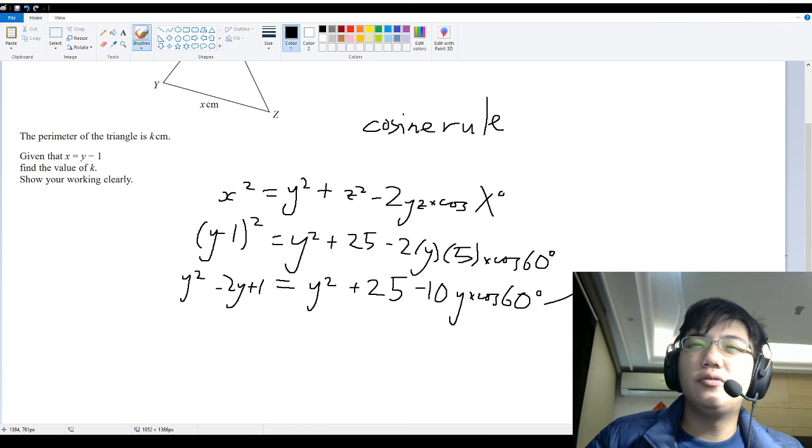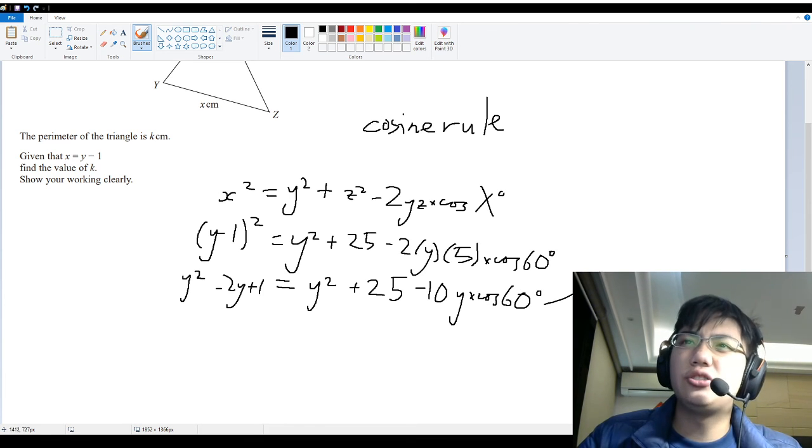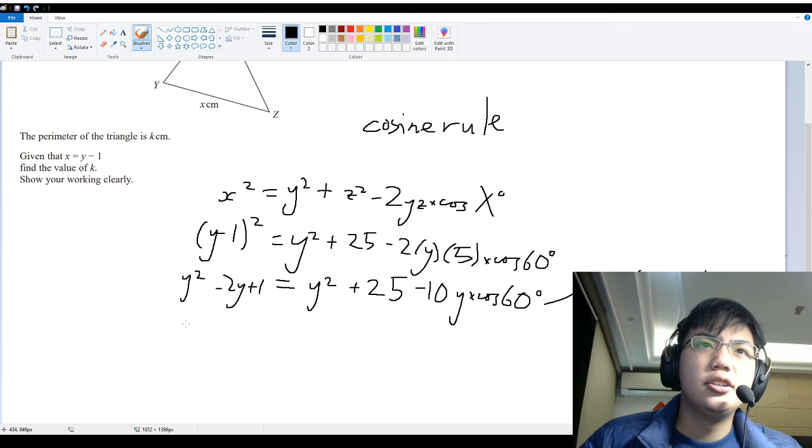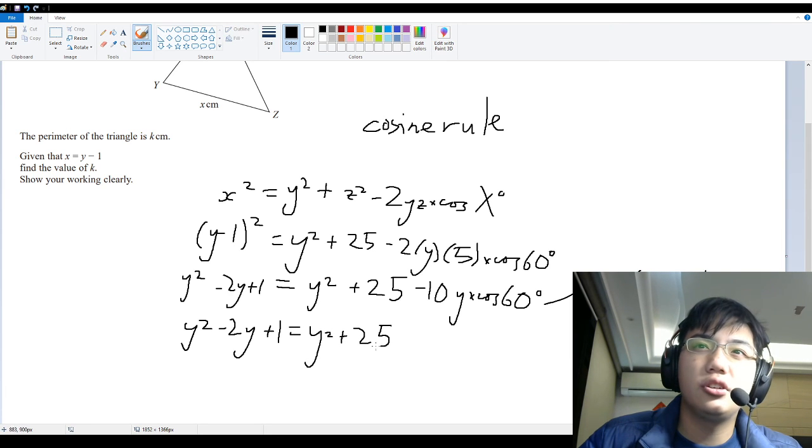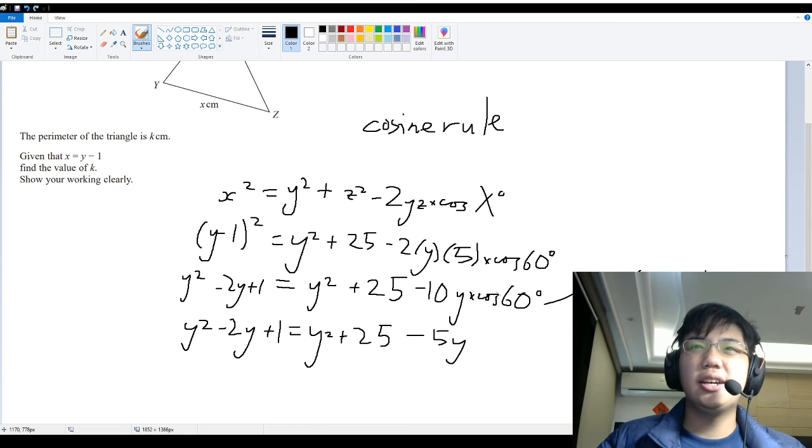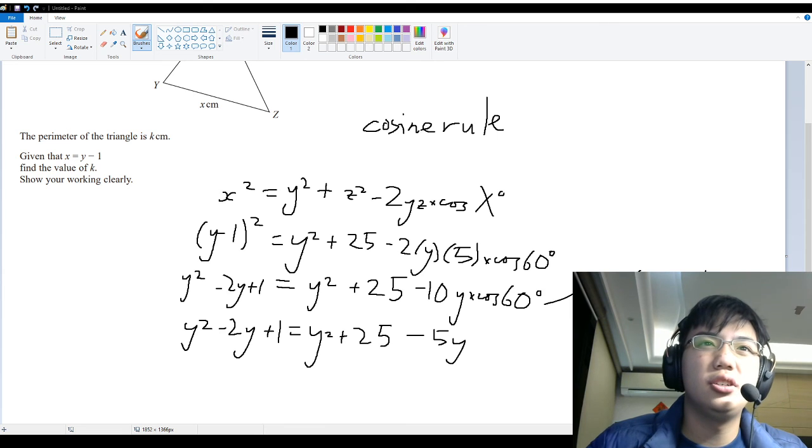And if you remember the trigonometric identities, cosine 60 is equal to 1/2. So we can write this as y squared minus 2y plus 1 equals y squared plus 25 minus 5y, since half of minus 10y is minus 5y.